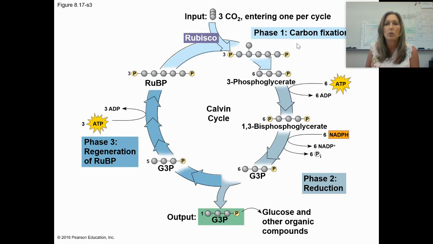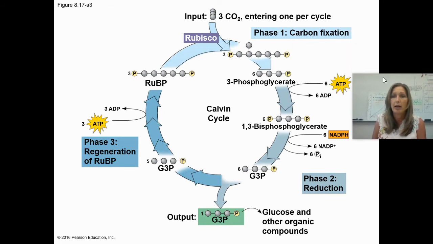What I do need you to recognize is, what do I mean by phase 1, carbon fixation? What I mean by carbon fixation is I have to take inorganic carbon and get it to stick to an organic molecule. When you hear "fix" in science, like if you're fixing bacteria to a slide, you're getting bacteria to stick to the slide. If I'm fixing carbon, I'm trying to get this inorganic carbon to stick to organic carbon.